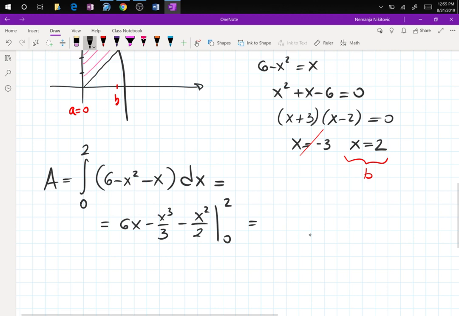In this case it's polynomials, so 0 is going to kill everything, so we just have to worry about 2. That's going to be 12 minus 8 thirds minus 4 divided by 2 is 2. So this is 10 minus 8 over 3. The common denominator is 3, which is 30 minus 8, which is 22 over 3.